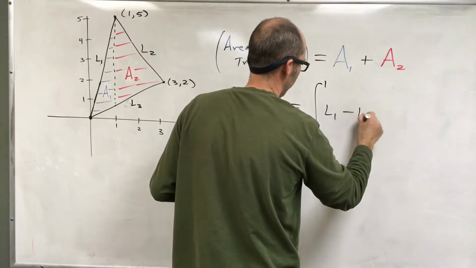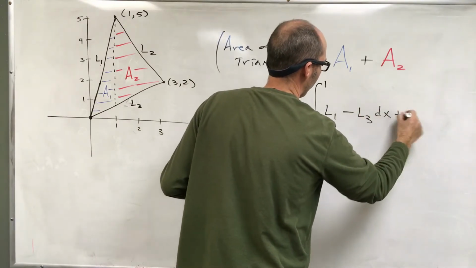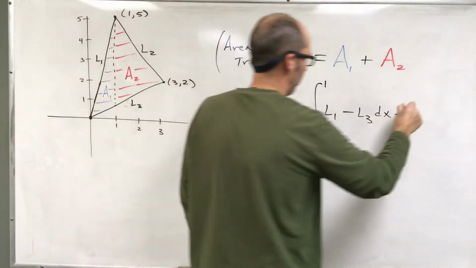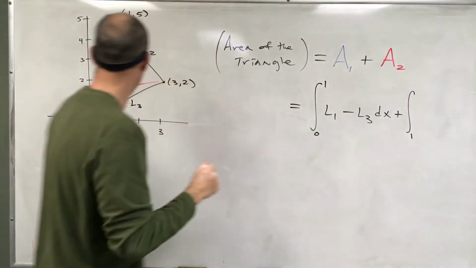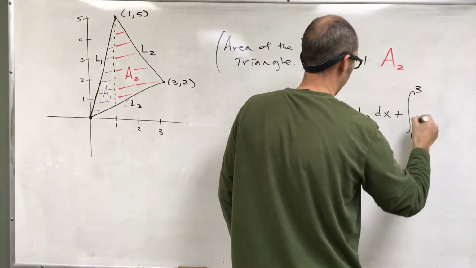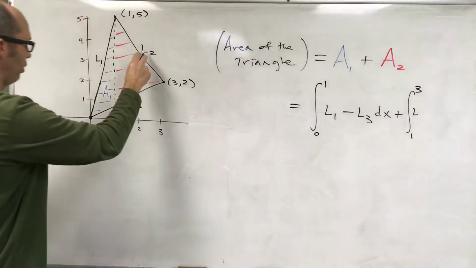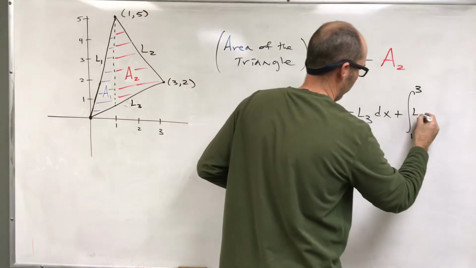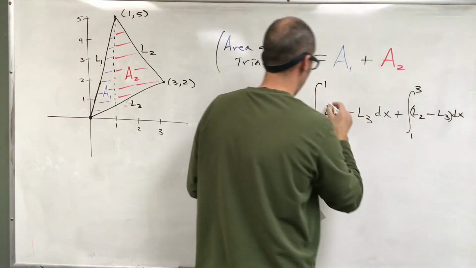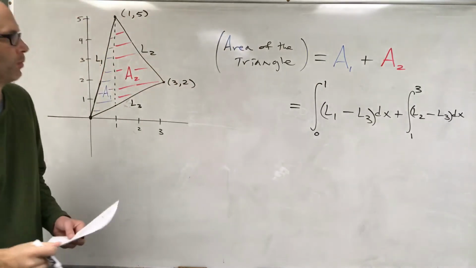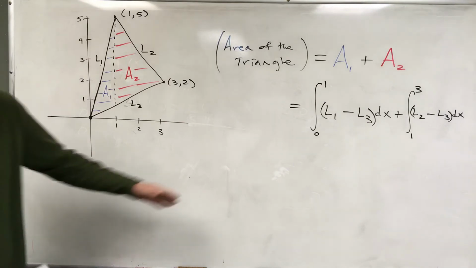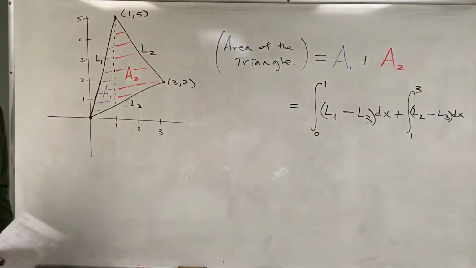So L1 minus L3 dx plus area 2 is the integral from, let's see, x goes from 1 to 3, of L2 minus L3. All right, so now we just need to figure out what L1, L2, and L3 are.